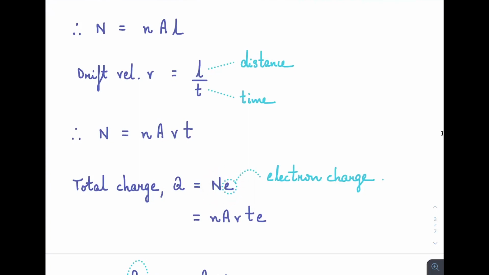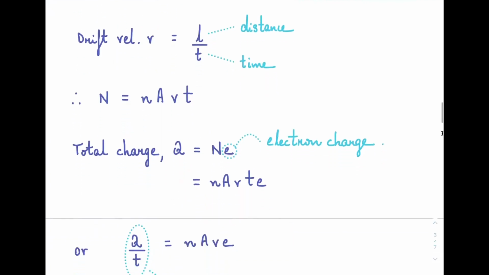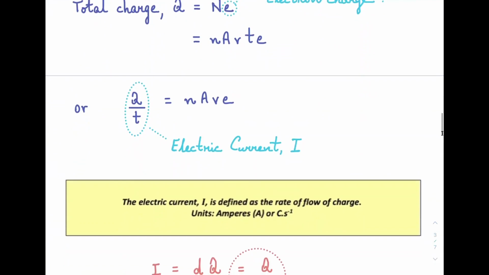But we have an expression for capital N, so we substitute nAvt, and we end up with nAvte. So the total free charge Q is nAvte. Or if we reorganize the equation, we get Q on t is equal to nAve.